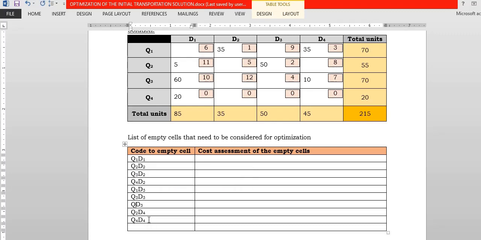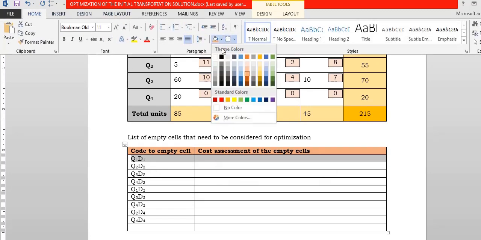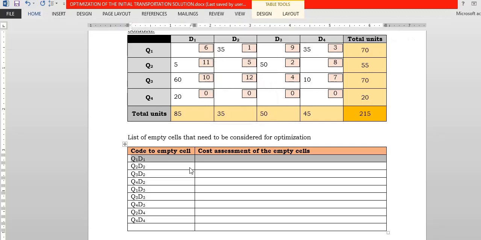Call it Q4D3. So we have Q1D3. Okay, let me first shade them a bit so that I can really separate them, so that they are not confusing. So I'm going to put this line here.